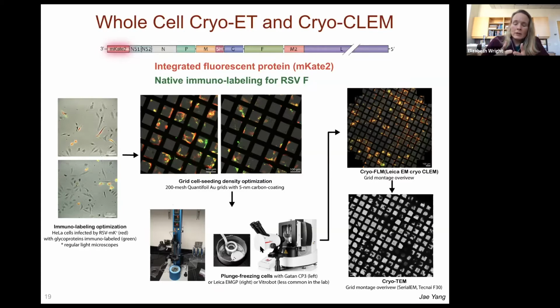So if you're blotting them with filter paper, you have the high likelihood that you're going to rip off part of the cell. So maybe the better method is to blot from the backside, so you have less likelihood of damaging the cell. Then we can go in and do cryofluorescence microscopy to pinpoint and target our areas of interest that we're going to then collect cryo-ET data on.